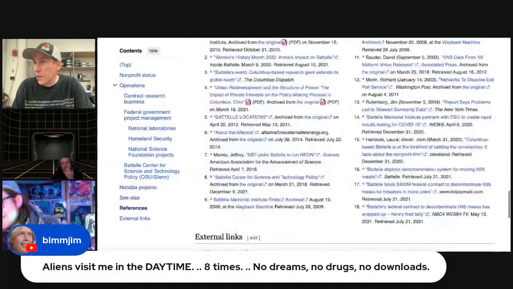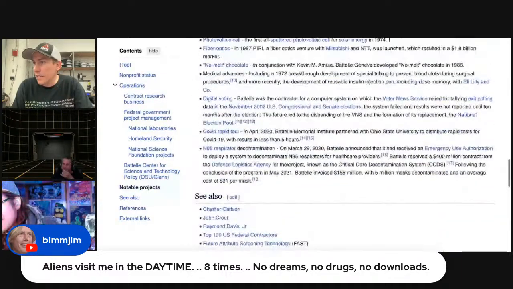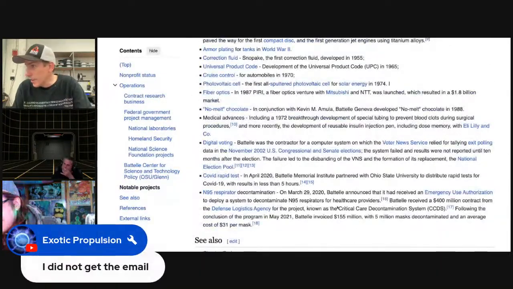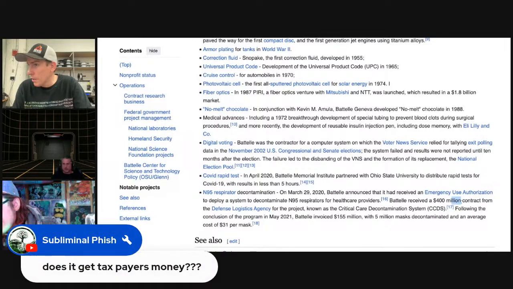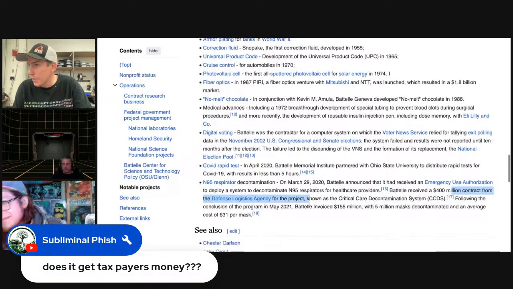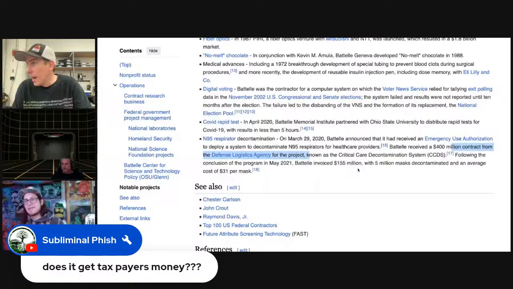And they helped with the COVID tests, dude. In fact, they got paid. Check this out. They received a $400 million contract from the Defense Logistics Agency to redo friggin' masks. So they decontaminated 5 million masks at an average of $31 per mask. And they got all the taxpayers' money.